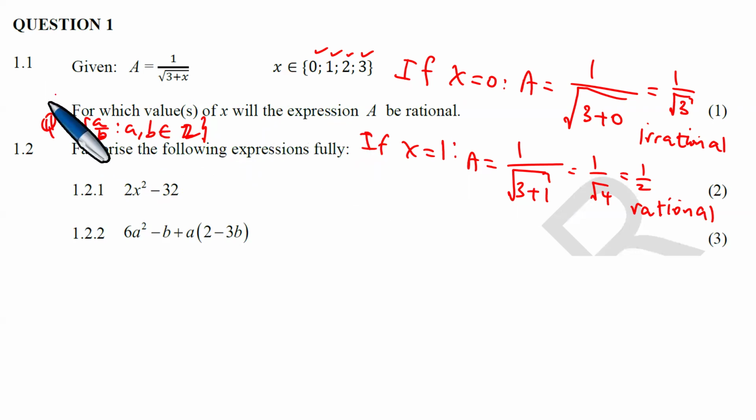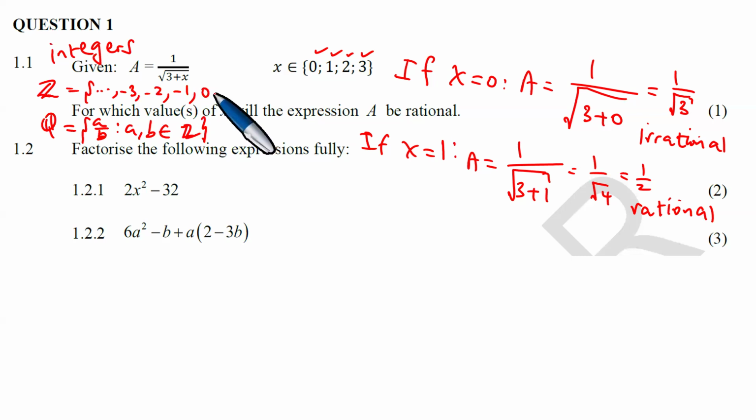What is Z? The integers. What are integers? Integers are counting numbers with 0 and the negatives.